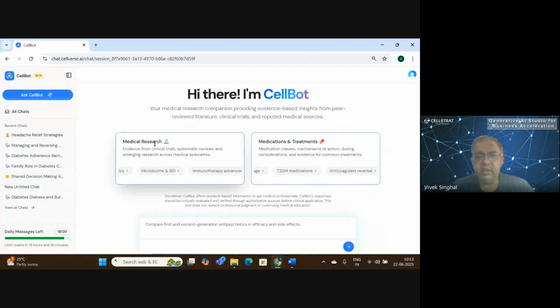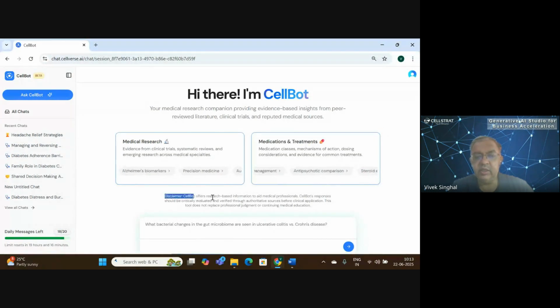personas here. There is a medical researcher persona, for a doctor, a medical student, pharma student, and so forth. And there's also a pharmacological persona. So you can ask questions around that or this. So there are two different personas covered here.